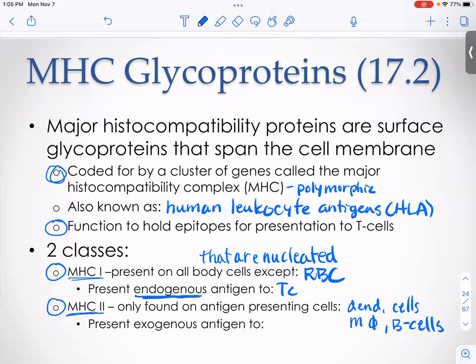And they're going to present exogenous antigen, meaning antigen that's outside of the cell. And they're presenting it specifically to T helper cells. Again, typically it's not the T helper cells that are actually going to act on a cell to kill it. So it's presenting antigen to cells that play a role in activating B cells and cytotoxic T cells.